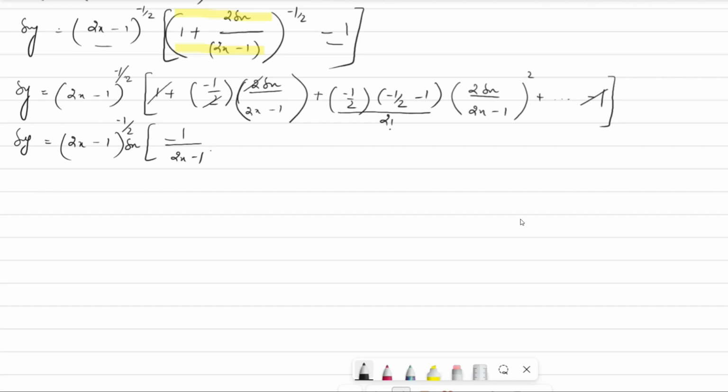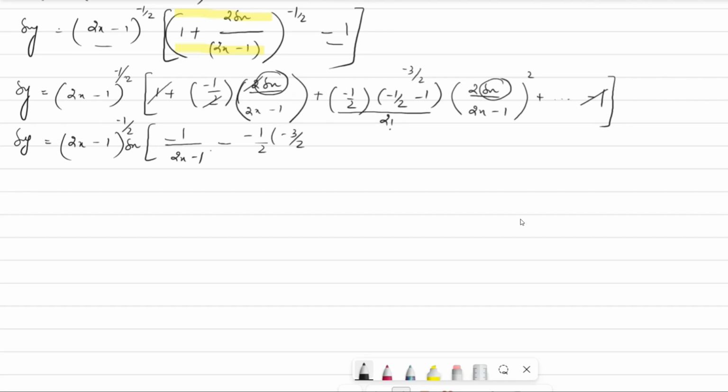So I am taking this delta x common, this delta x and 1 from this delta x, minus 1 upon 2 and this one answer is minus 3 by 2.